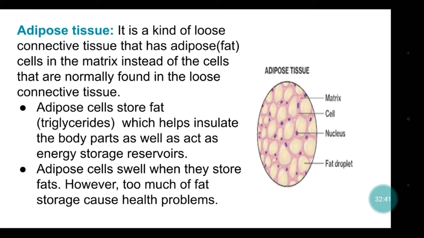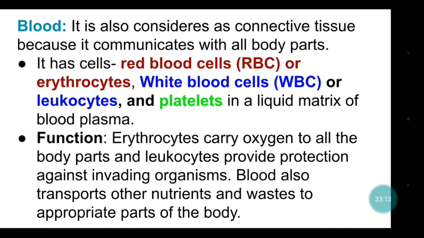These adipose cells store fats and are present beneath our skin. They act as insulation, and also as energy reservoirs because fats provide us energy just like carbohydrates. Adipose cells swell when they store fats. However, too much fat storage can cause health problems.